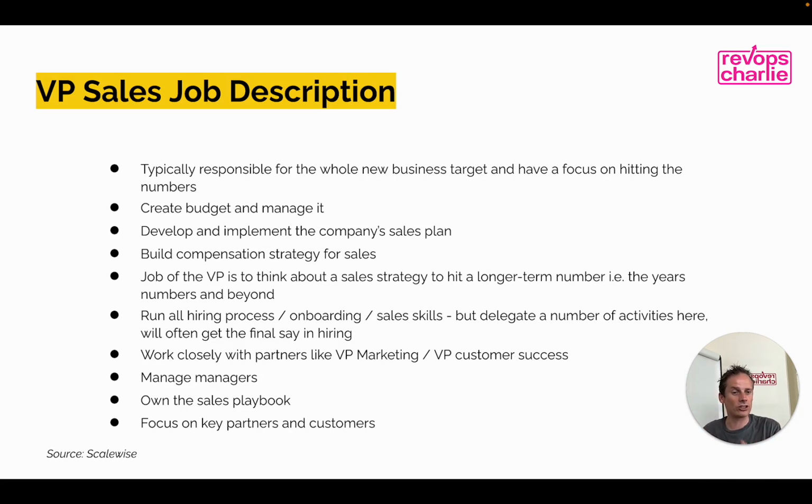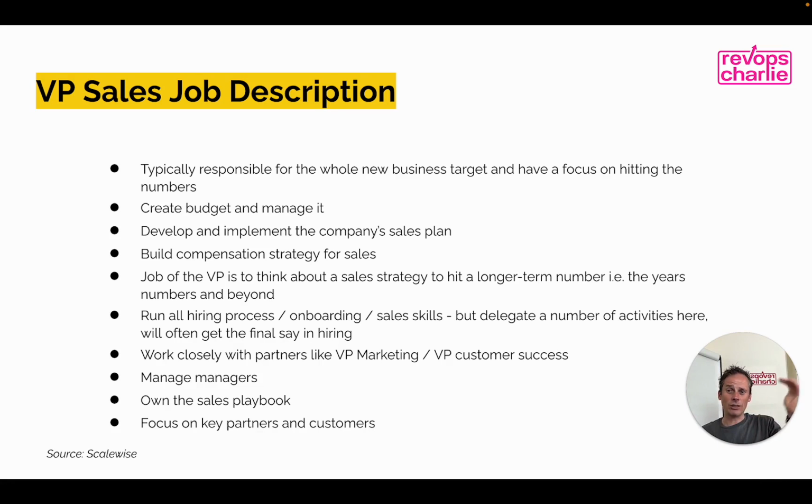They're working closely with your VP of marketing, who might now be called a CMO. They're working closely with your VP of customer success and really starting to think about that end-to-end revenue strategy. Their managers are the ones focused on the day-to-day in the customer meetings. Your VP of sales is one level above that.